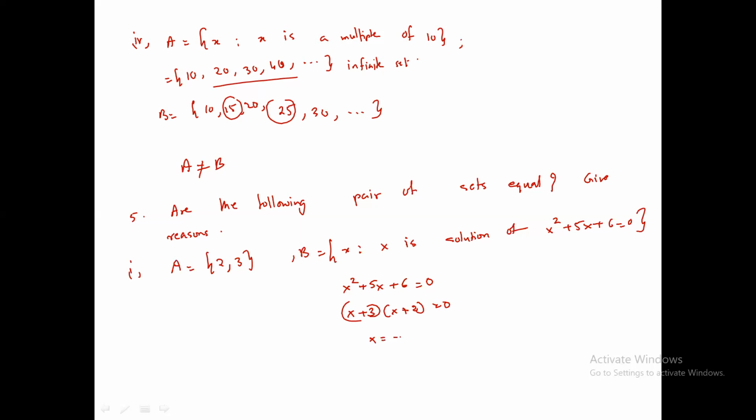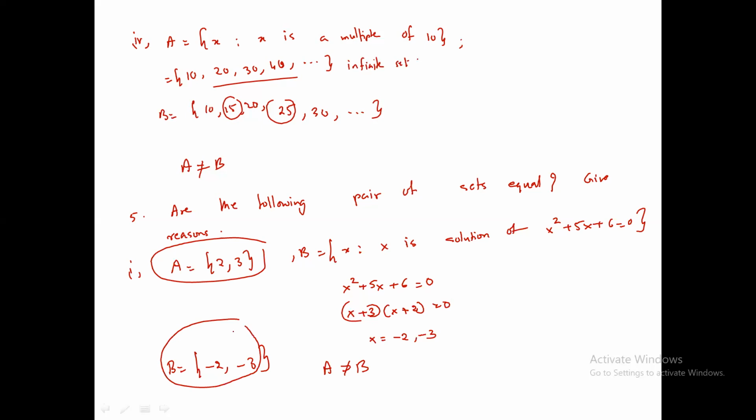And so X will be -2, -3. So B is the solution set, -2, -3. Clearly you can see the set A is not equal to set B because set A has all these elements, set B has all these elements. And I can say A is not equal to B. They are different.